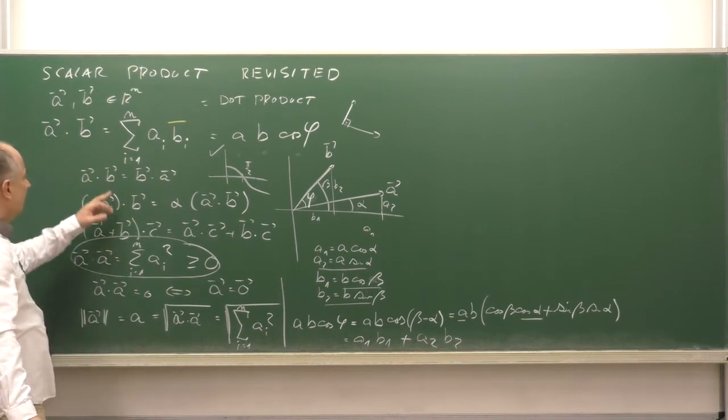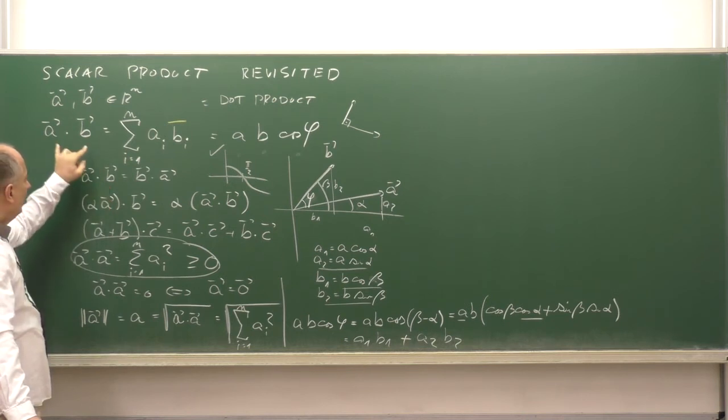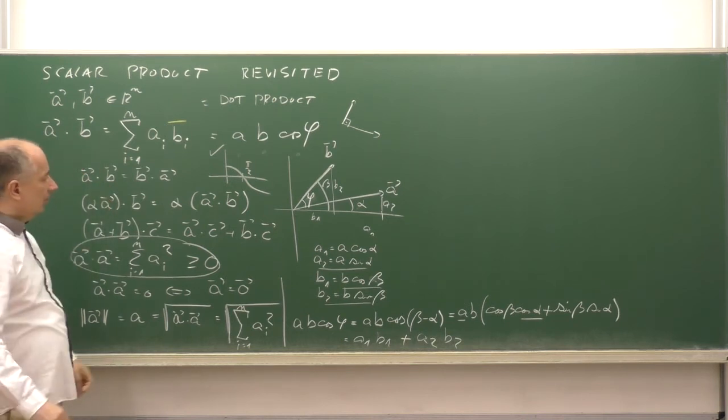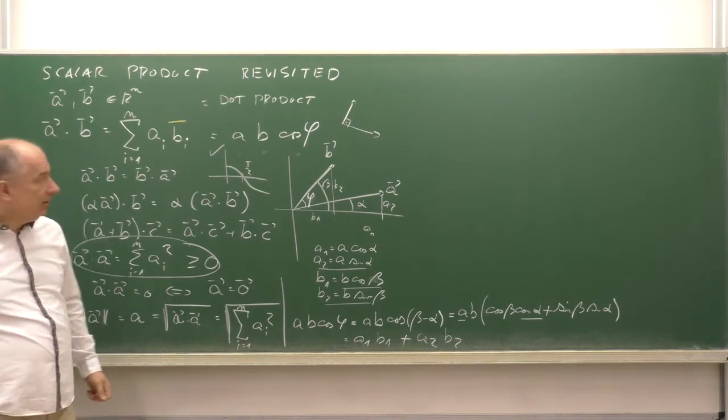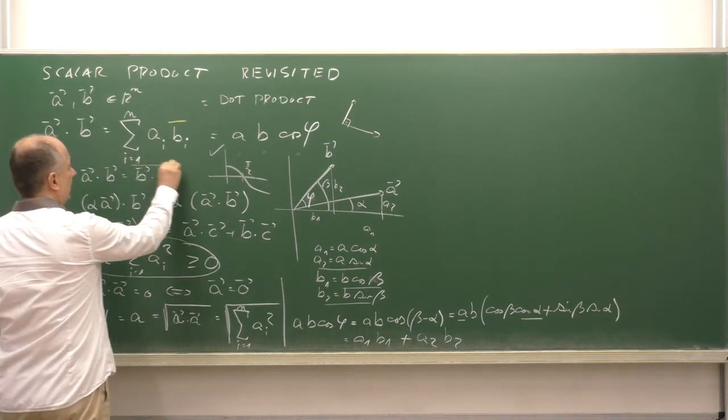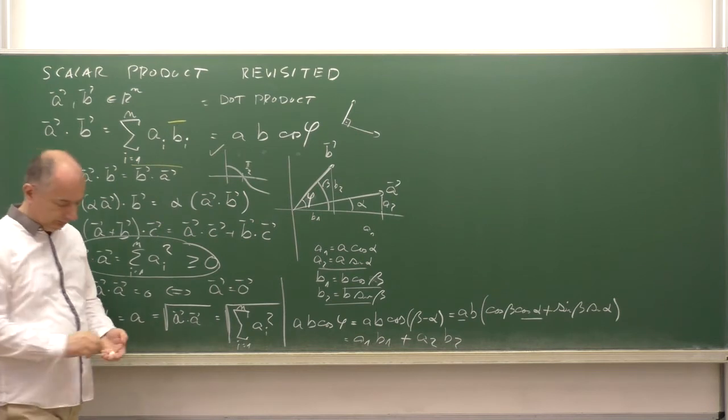Then obviously the scalar product is no more commutative, because if you change the two operands, then you must take the complex conjugate here.